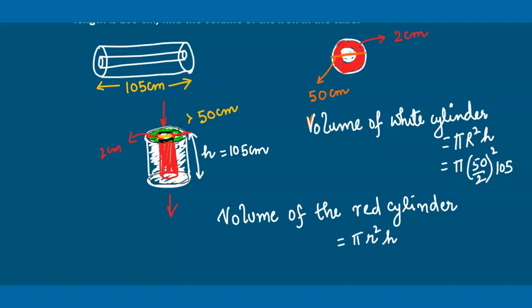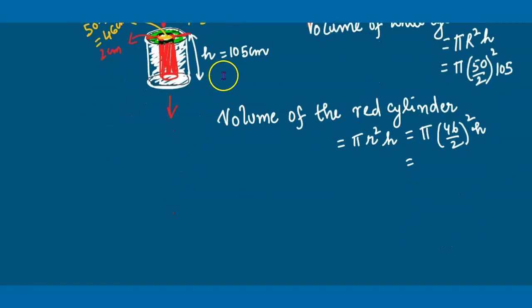So can I say that the diameter of this inner cylinder is 50 minus 2 from one side and minus 2 from the other side? So it's just 46 centimeters. Now I'm going to put the value in the formula. Pi into 46 by 2 into h. So this is going to be equal to pi into 23 whole square into 105.